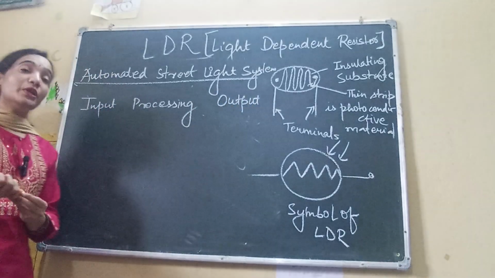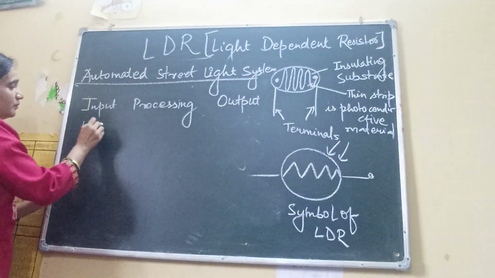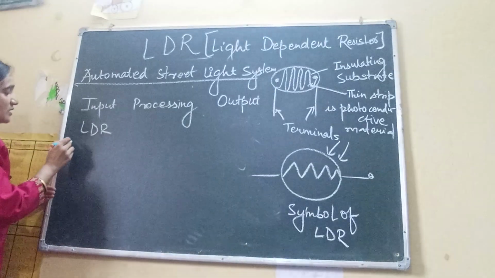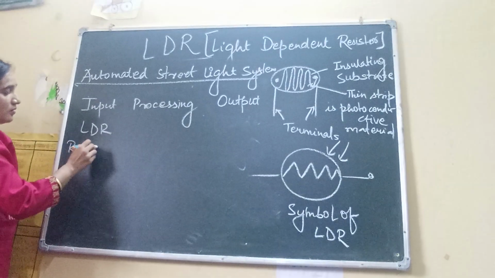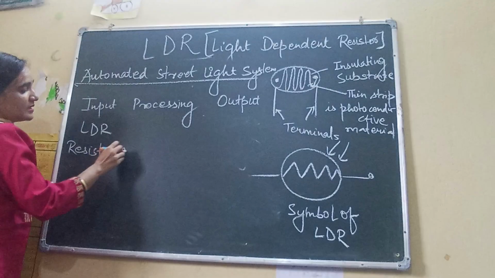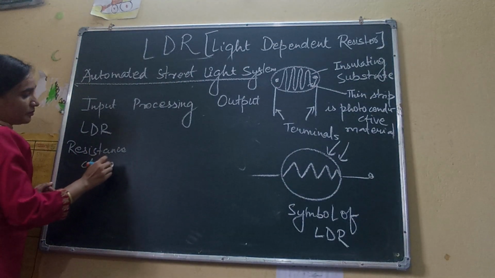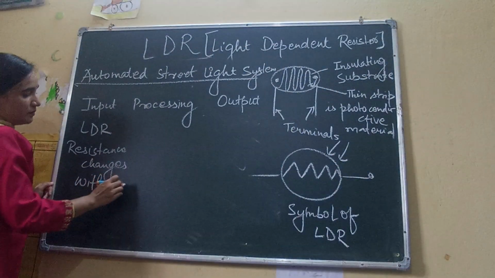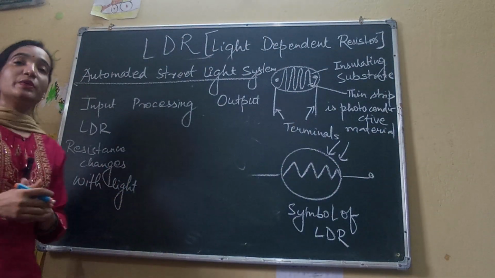In input we have LDR. So what is happening? Its resistance changes with light.